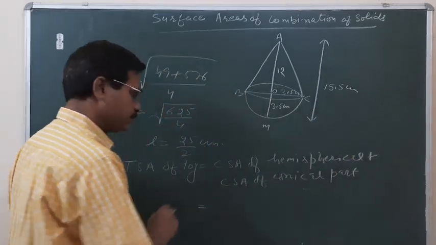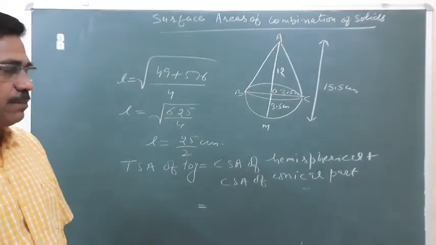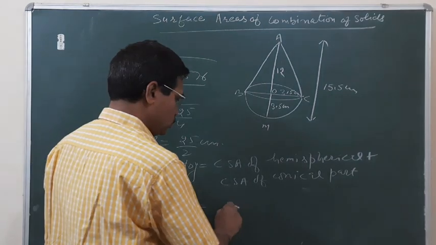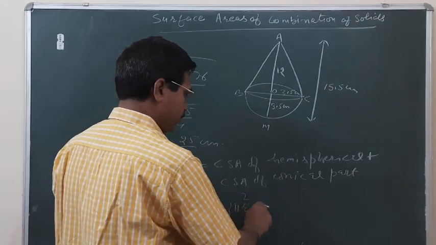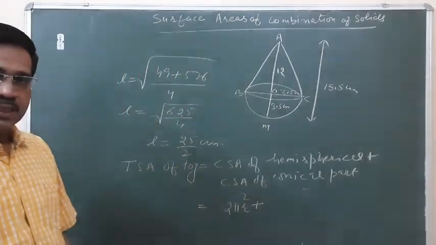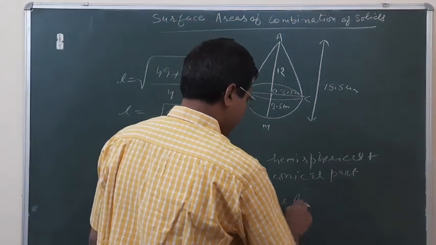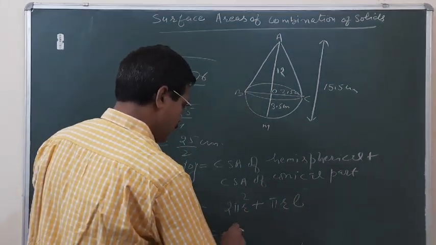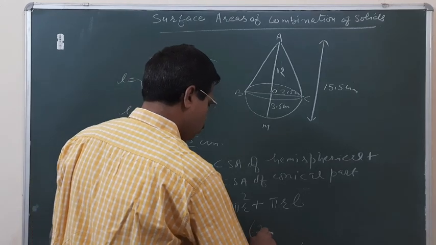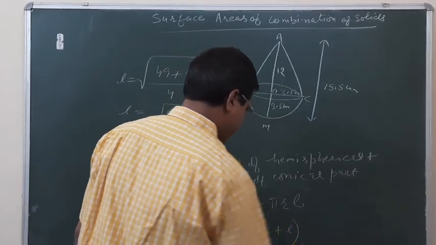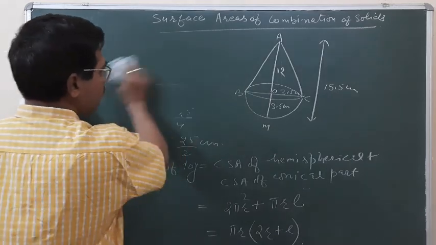We know that the curved surface area of hemispherical part is 2 pi r square plus the curved surface area of conical part is pi r l. Now take pi r common, 2r plus l. Now put these values.